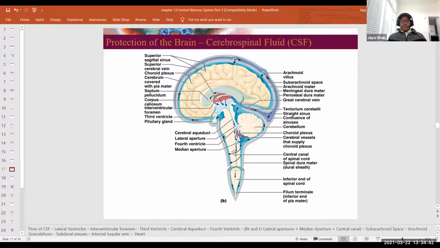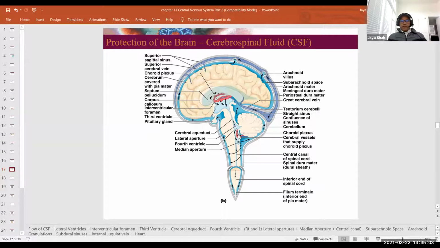And also the central canal. So from the lateral aperture, it passes to the subarachnoid space of the brain, the subarachnoid space of the cerebrum.